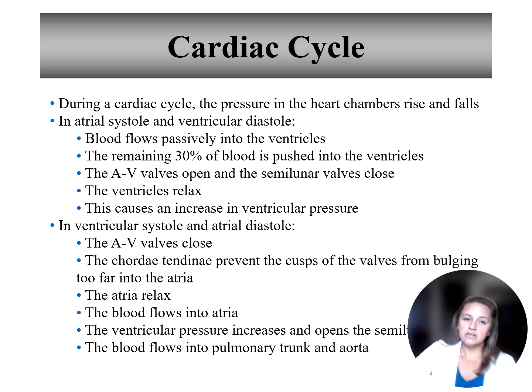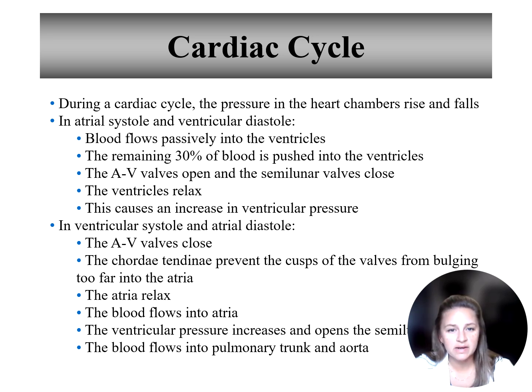So during the cardiac cycle, the pressure in the heart rises and falls in atrial systole and ventricular diastole. So this causes an increase in ventricular pressure, as these AV valves open and close and the ventricles relax, and then the opposite happens in ventricular systole and atrial diastole.